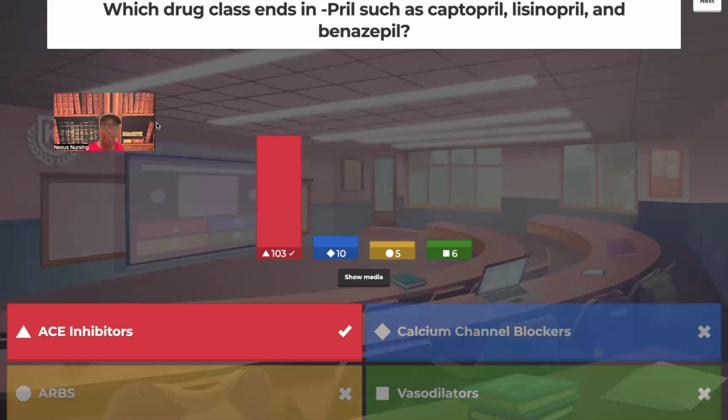So when it comes to ACE inhibitors, I'm going to look for those drugs that end in pril. April, ACE, get it? Okay, there you go. So ACE inhibitors, they end in pril. Look at our other options. We have calcium channel blockers, ARBs, vasodilators. I won't go into detail about them now because we're going to talk about them in other slides. But these other types of antihypertensive agents, you absolutely need to know those drug classes.